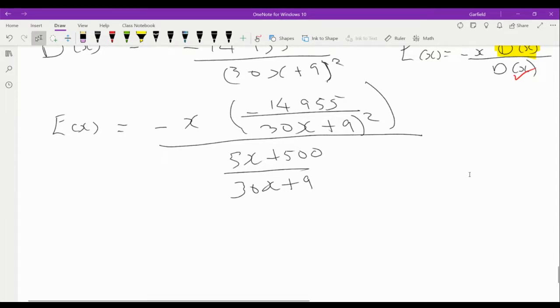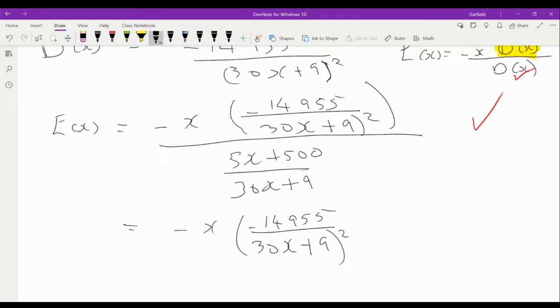All right, so theoretically, this is correct. The bad news is my MATLAB really won't accept that, so you probably have to do some simplification of this. So this is negative x times negative 14,955 over 30x plus 9, and this is all squared on the bottom, times 30x plus 9 over 5x plus 500.